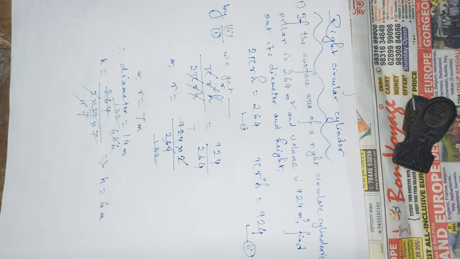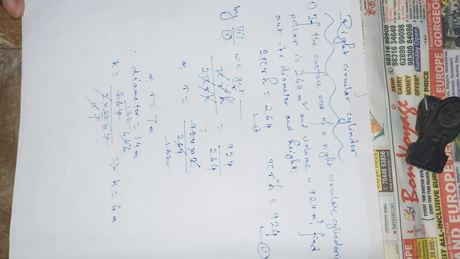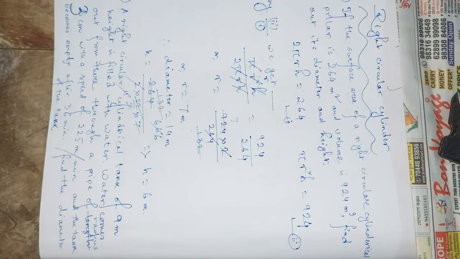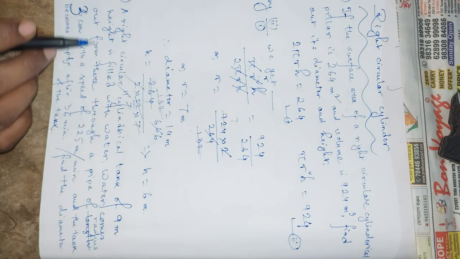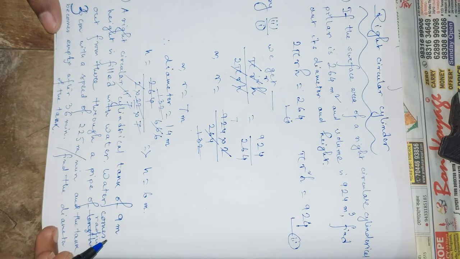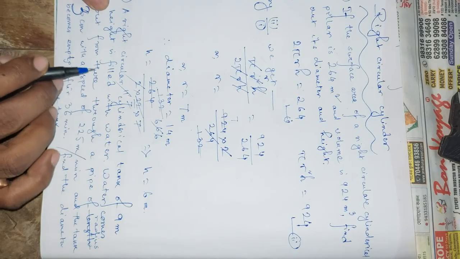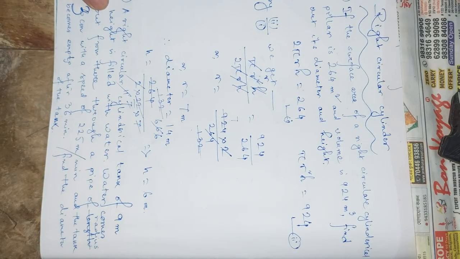Now friends, let us proceed to our next question. This is our question number 2, which says a right circular cylindrical tank of 9 meter height is filled with water.